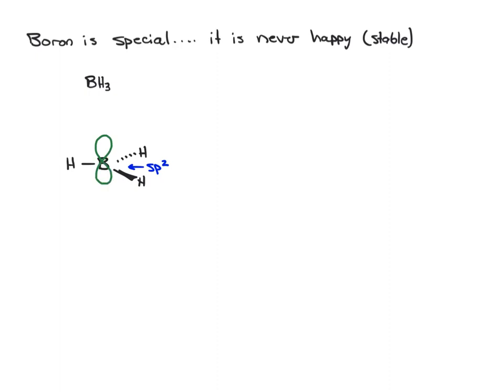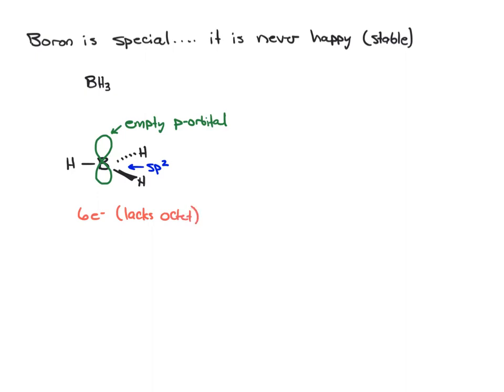So there's also an empty p orbital on boron. This is a lot like a carbocation in that the atom is electron deficient. Boron only has 6 electrons, so it lacks an octet.